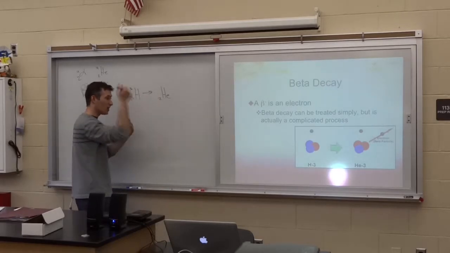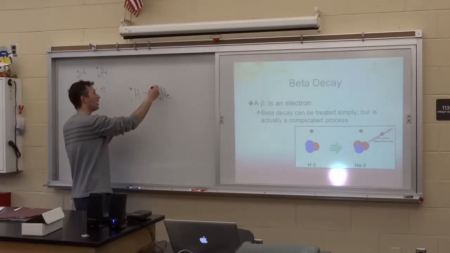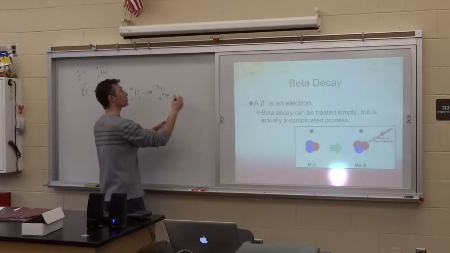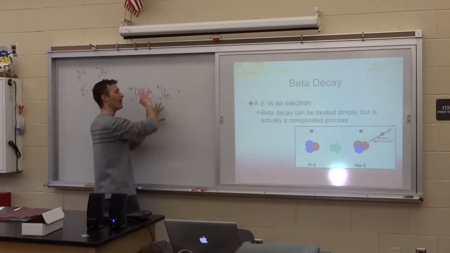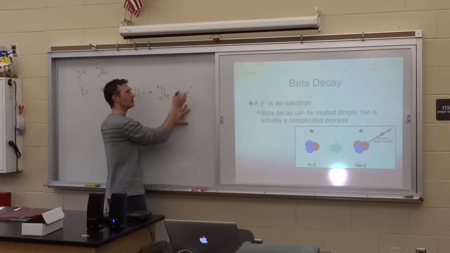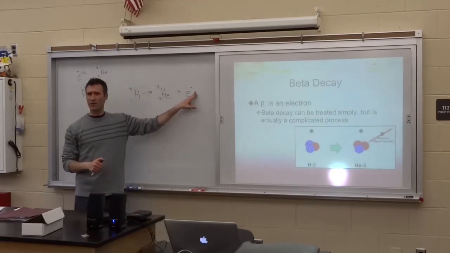Helium has 2 protons, and the mass number is 3, and then we're also getting an electron added in. So I have my 2 products, and I have my electron. I usually like to put the negative sign there for the electron. I don't know why I like to do that.